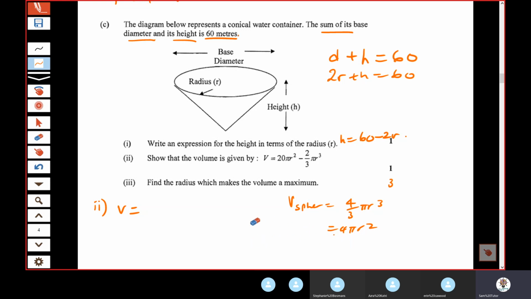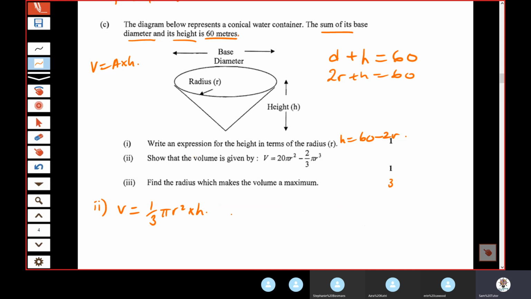Anything that hits in an apex is 1 on 3. So if it's like this, it's always going to be 1 on 3 for volume. And then, what's your base area? Pi r squared times by height. That's the definition of volume: any base area times by h. The only thing you have to remember, if it's an apex, it's 1/3.